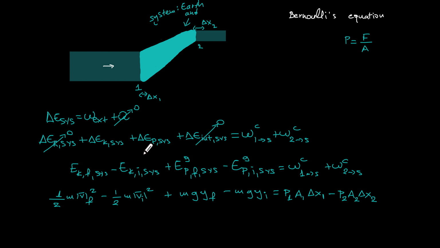Now, I can rewrite, I can say that for the mass, I can write that as the density of the fluid times the volume of the fluid times the final speed squared, minus 1/2 the density times volume times the initial speed squared.